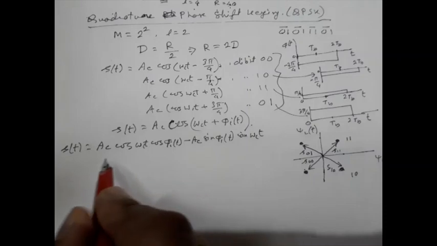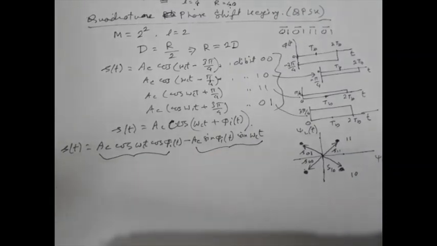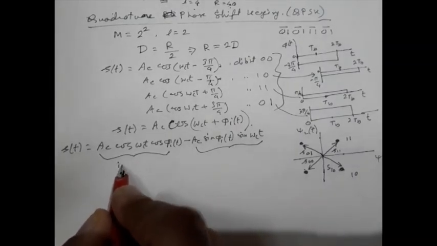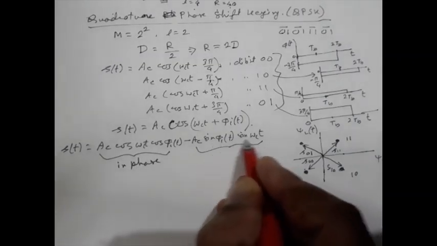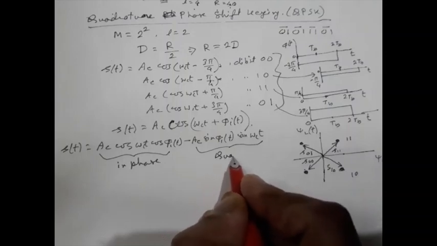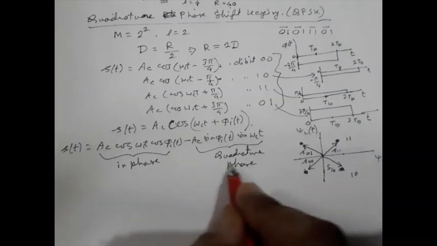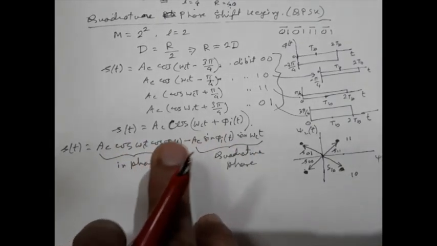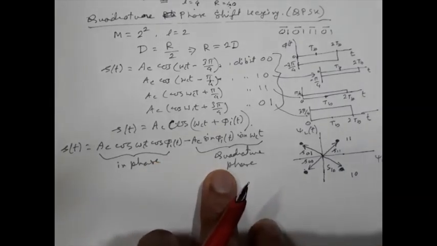Clearly we have two distinct components of this QPSK. This component is the in-phase component, and this one is the quadrature-phase component. Using this expression we can design the block diagram for the generation of QPSK signal.